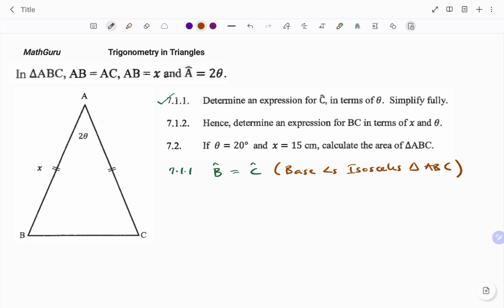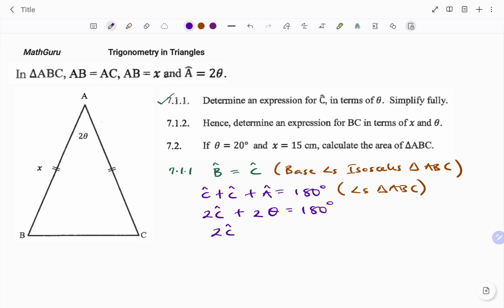So therefore, if B is equal to C, I can pick one and state that C plus C, because that's equal to B, plus angle at A equals 180 degrees. The reason means sum of angles in a triangle add up to 180 degrees. So therefore, 2C plus angle at A, that's 2 theta, equals 180 degrees.